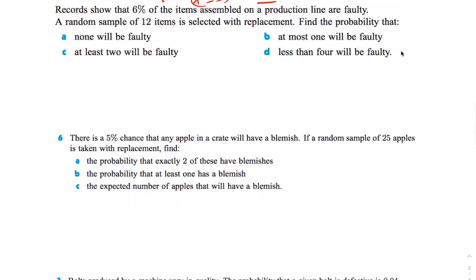Next one. Records show that 6% of the items assembled on a production line are faulty. A random sample of 12 items is selected with replacement, binomial. Find the probability that none are faulty. So right here, binomial PDF, X is 0. I want none of them to be faulty. So this is your calculator.